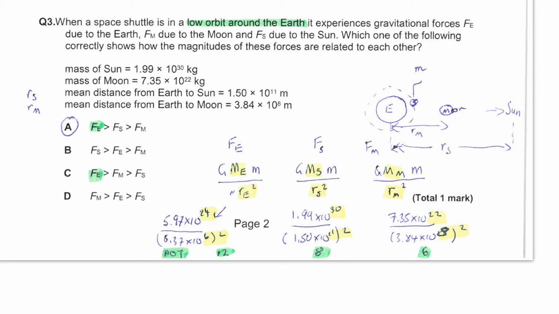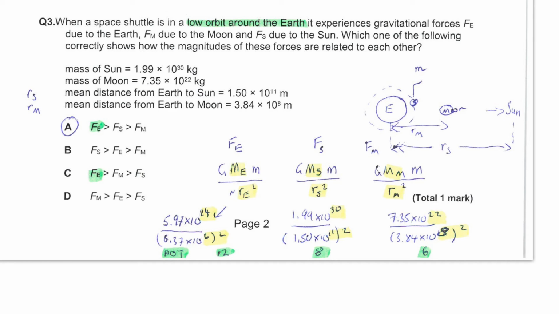So mass of Earth divided by the distance from the Earth squared, mass of the Sun divided by the distance from the Sun squared, and mass of Moon divided by the distance from the Moon squared. You could calculate a numerical answer for each of these three sums if you wanted to.